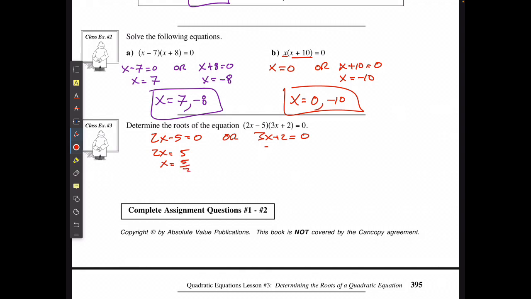For the other one, 3x would equal negative 2, or x would equal negative 2 over 3, which means that the roots are 5 over 2 and negative 2 over 3.